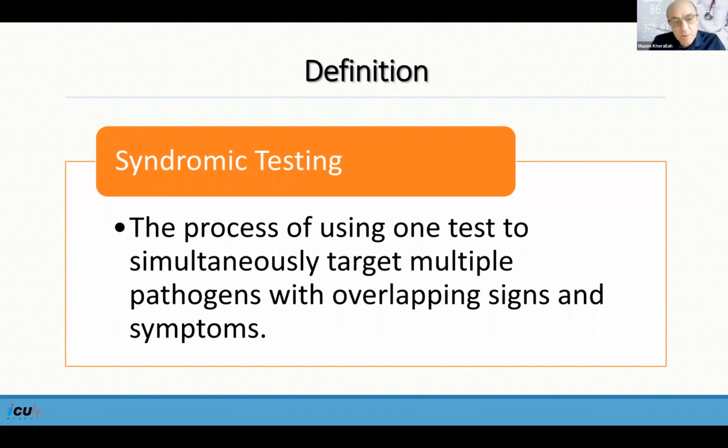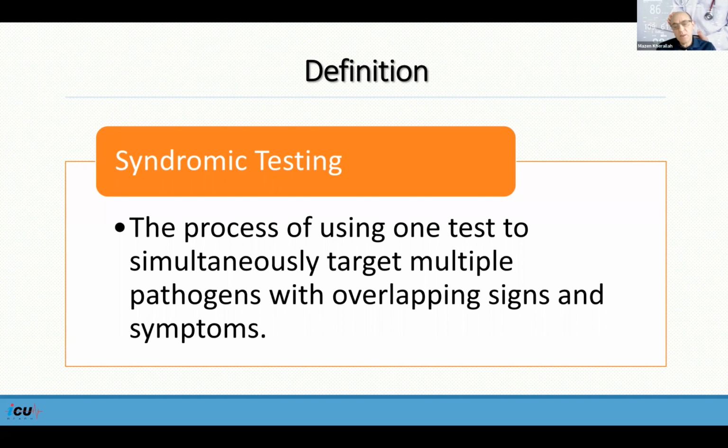But first, I would like to define syndromic testing, in case this is a new term to you. It is the process of using one test to simultaneously target multiple pathogens with overlapping signs and symptoms. Let's give an example.